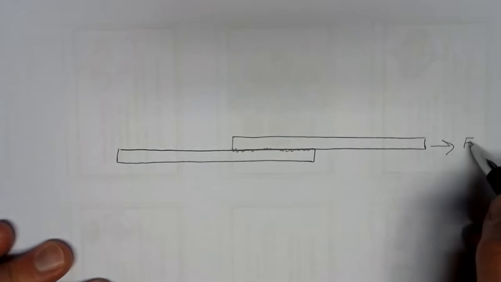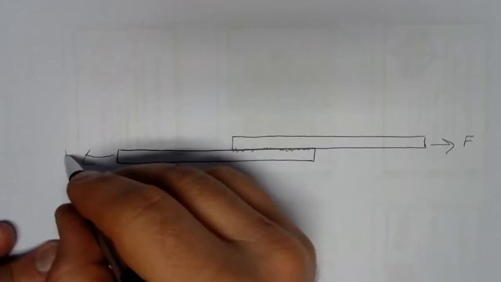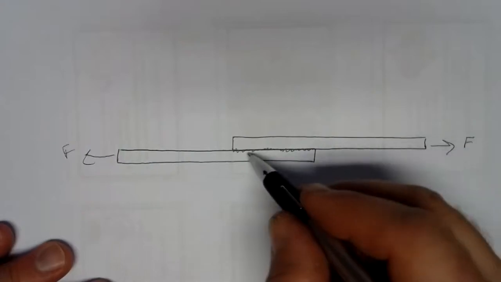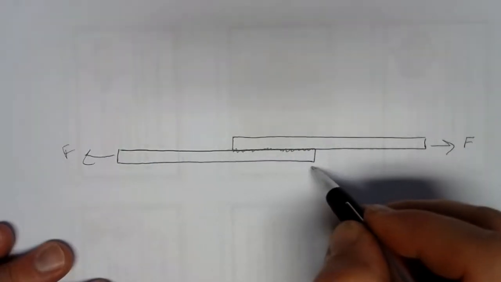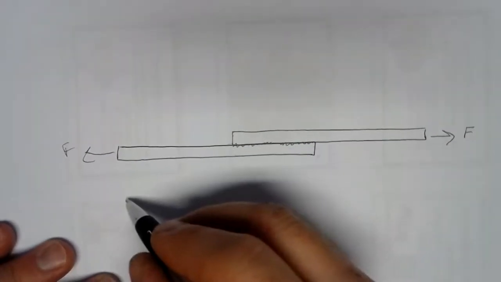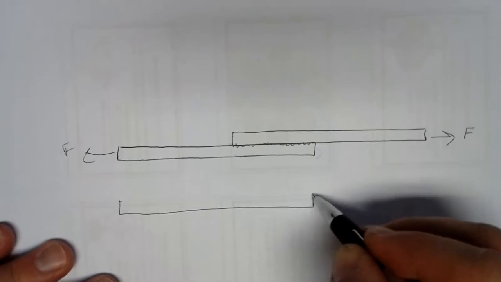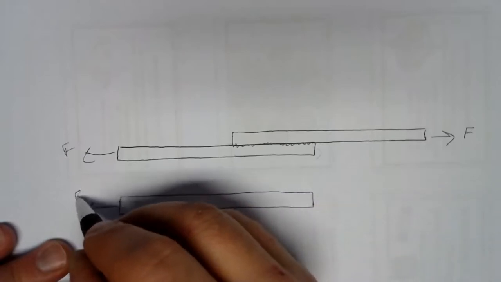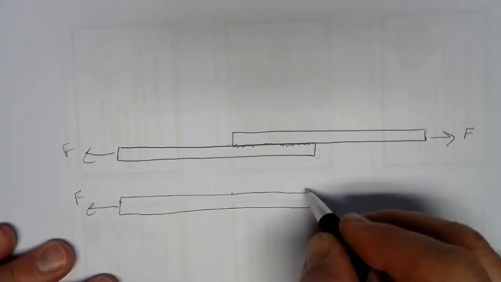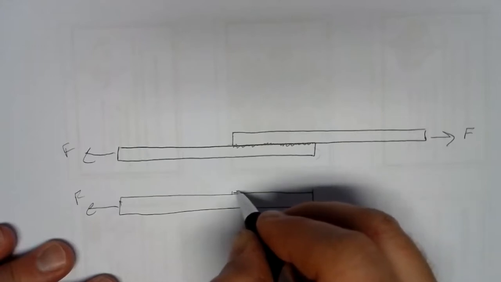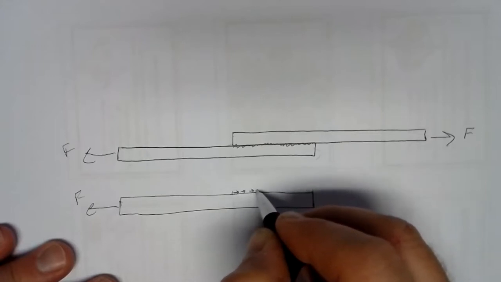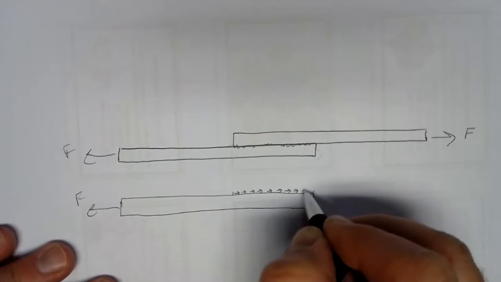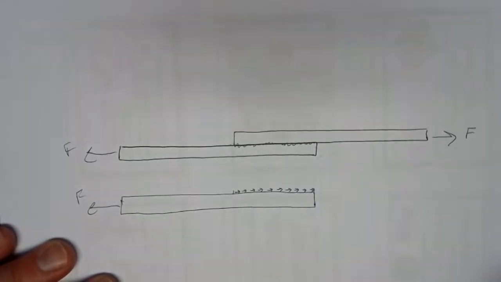If I pull in this direction and pull in that direction, this is in equilibrium, which means if I were to draw a free body diagram of, say, the lower piece, I'd still have the force to the left, but in that area where the glue is I'd have a little distributed force parallel to the surface.